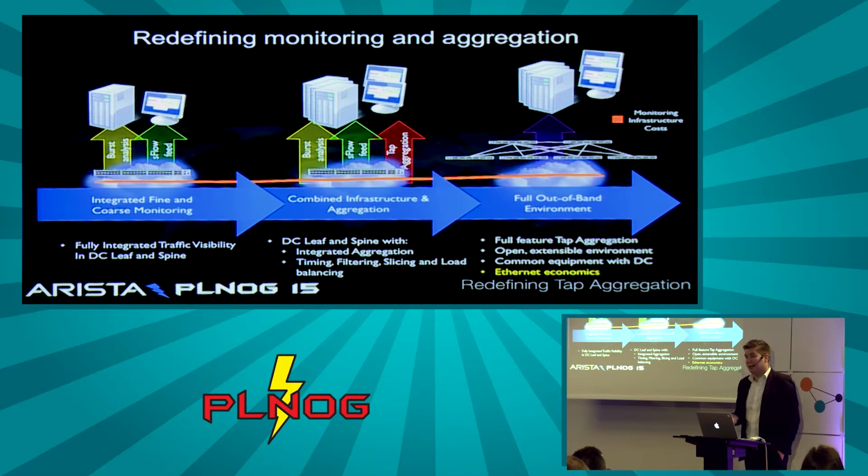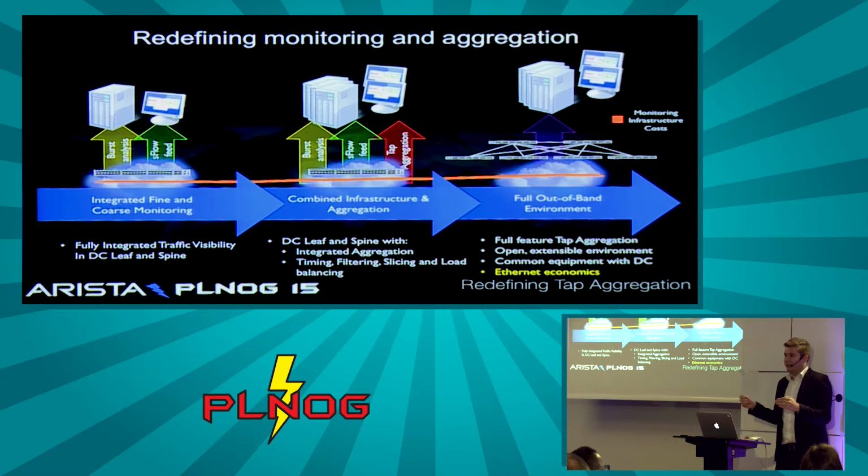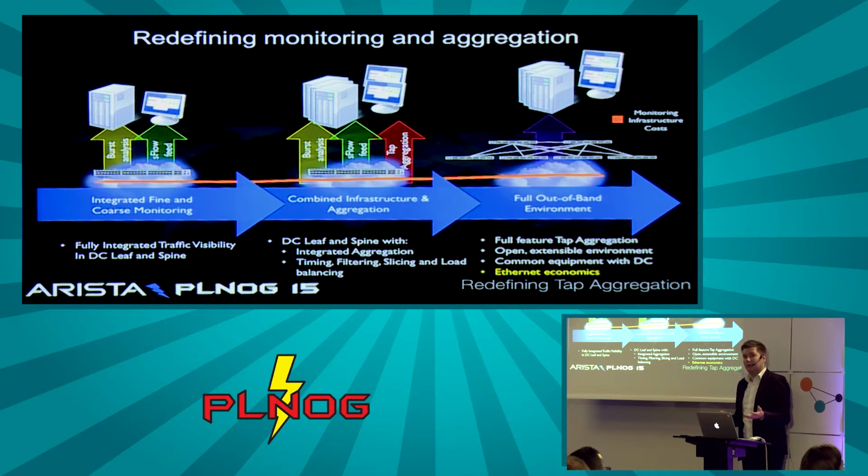And this can be also in an automated fashion. Talking about that rich integrated stack, we can actually use the wide set of APIs and programmability on the devices in combination with the tools to actually selectively monitor traffic in an automated fashion. You can write rules such that if you see a network event, such as a vMotion, you can automatically start recording monitoring data, for example.